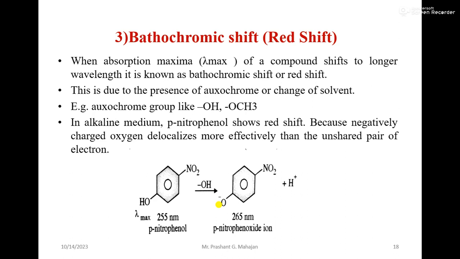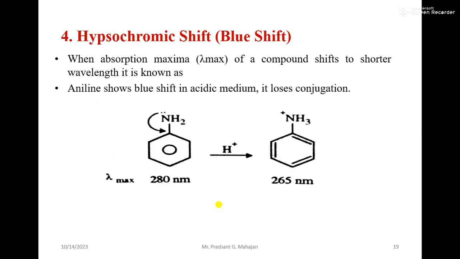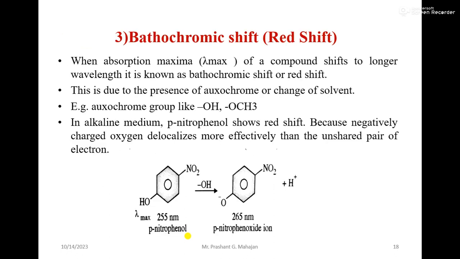Next is hypsochromic shift, that is also called blue shift. That means when the absorption maxima lambda max of a compound shifts toward a shorter wavelength, it is known as hypsochromic shift. That is also called blue shift. In the previous example, we have seen that when we use alkaline solution, it gives red shift.